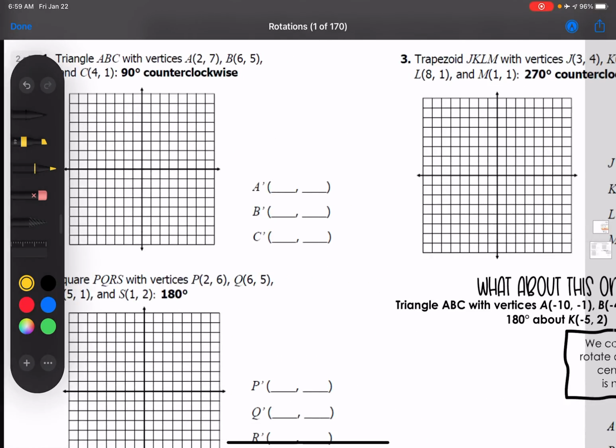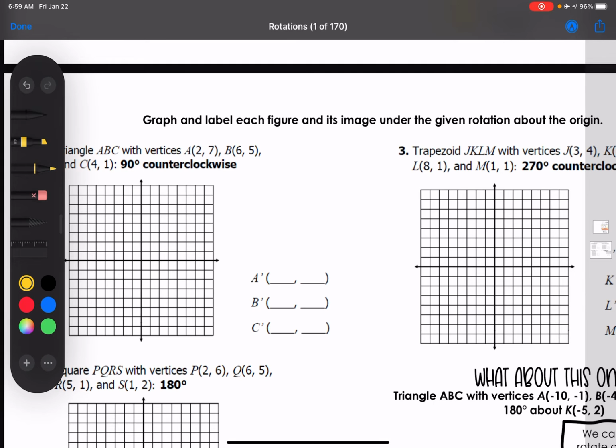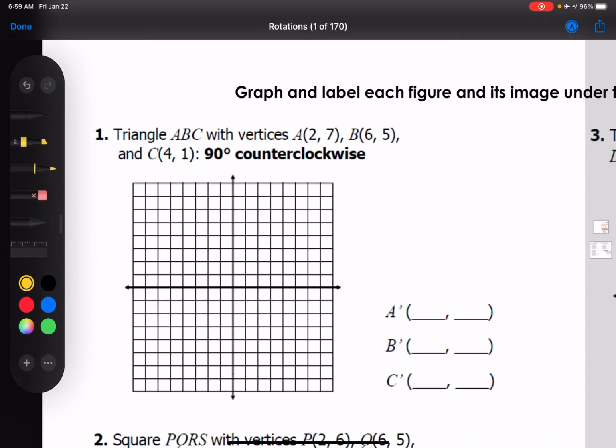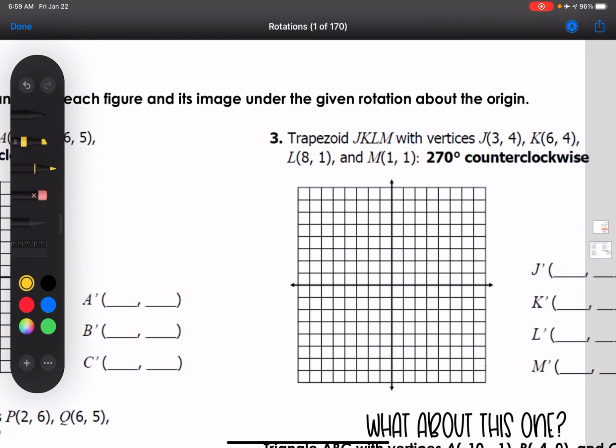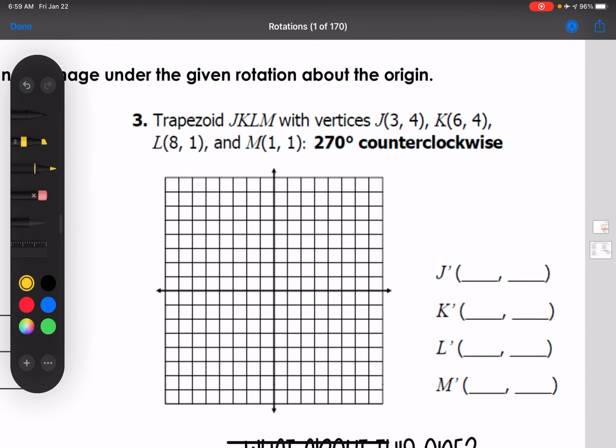Okay, so we've got 3 different examples, and I'm going to set each of them up for you. It is your responsibility to finish. Right, and we are going to make one tiny change. On number 3, these two were supposed to be negative.